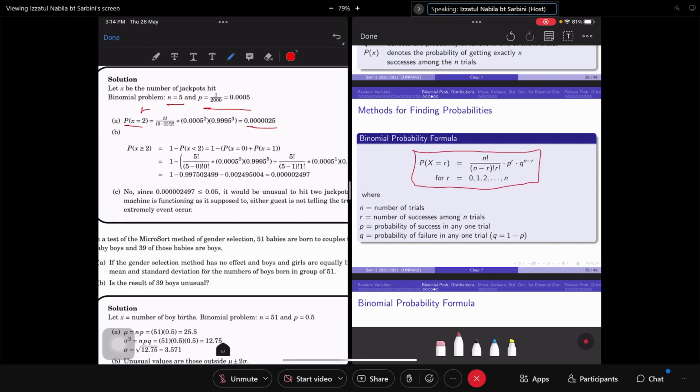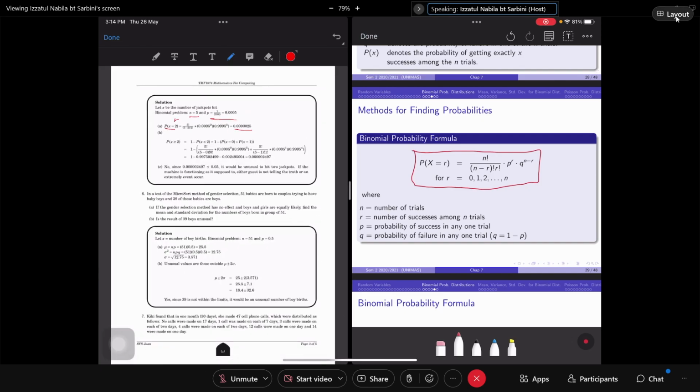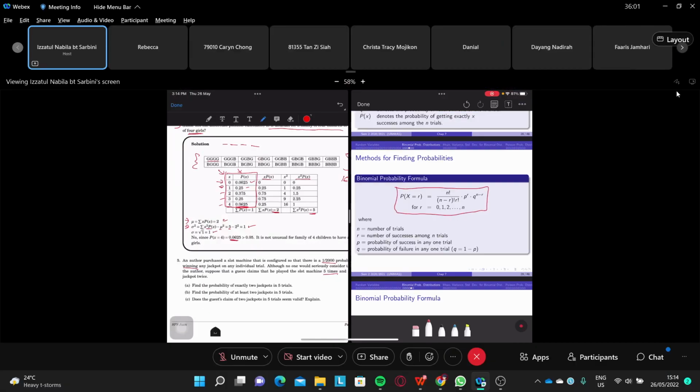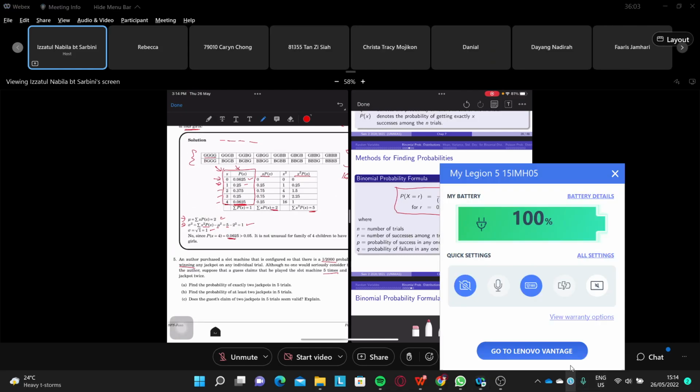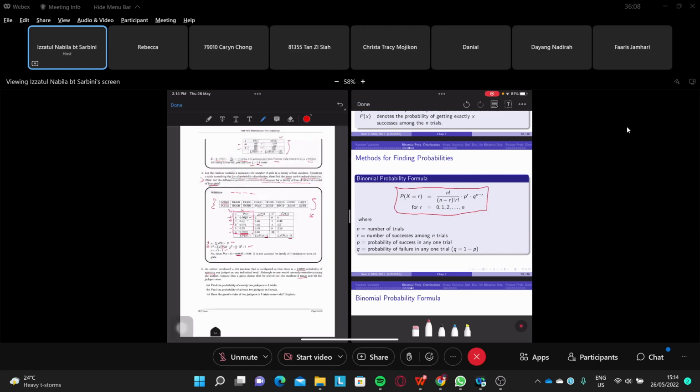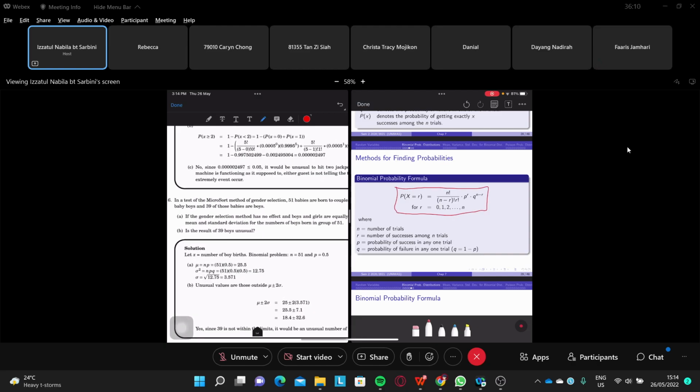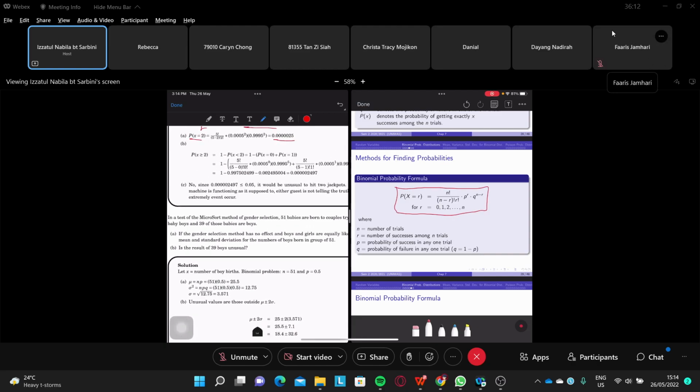Okay? And the second question, find the probability of at least 2 jackpots in 5 trials. At least 2 jackpots. So meaning that more than or equal to 2. So x is more than or equal to 2. Okay.